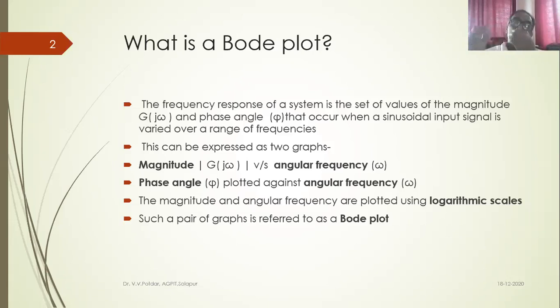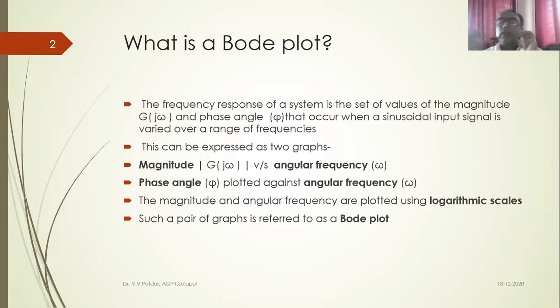The square root of 1 plus omega square is the mod or magnitude of that transfer function in frequency domain, right? Versus this angular frequency omega. For different values of omega, what are the magnitudes of my transfer function corresponding to the sinusoidal input?